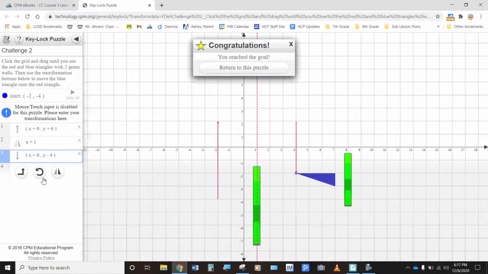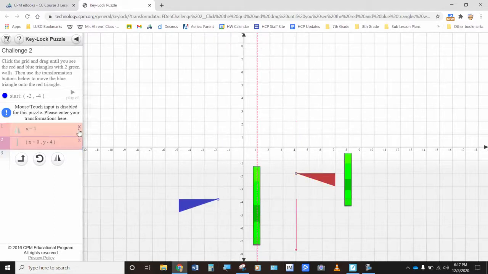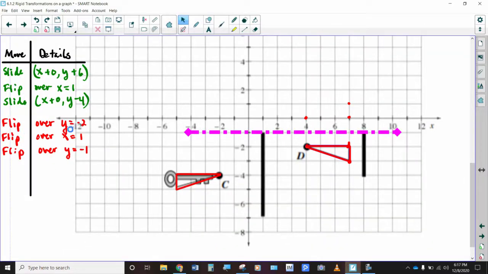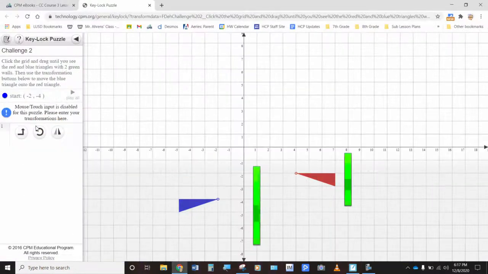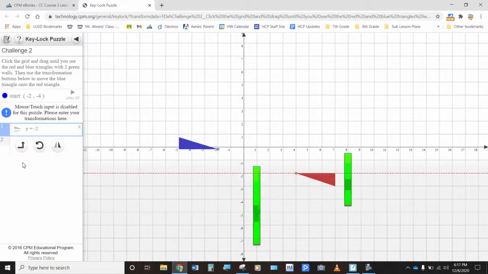So go ahead and record that. That is absolutely the set of moves that would work to get this into the right spot. Now let's try our 3 flip sequence where we flipped over y equal to -2. There's the flip.